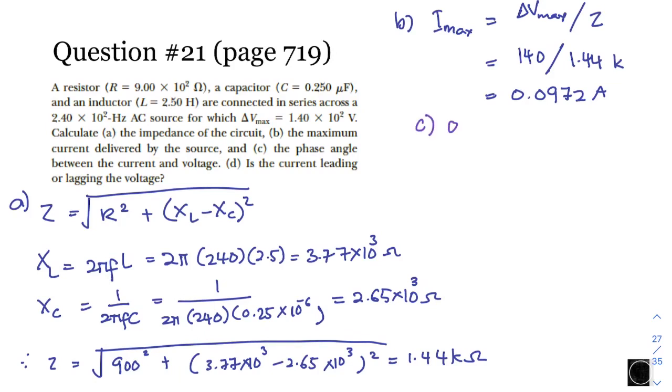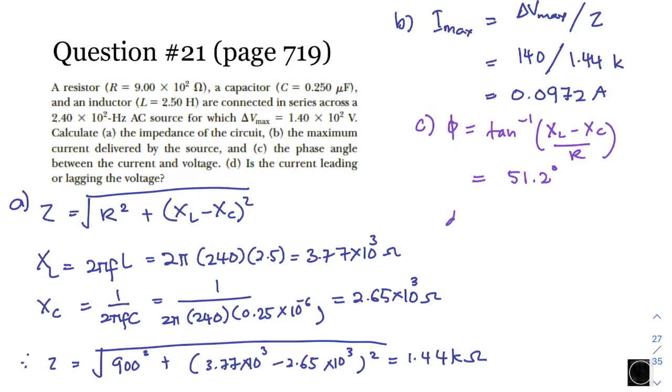Then part C, the phase angle between the current and the voltage. Phase angle phi is equivalent to arctangent of XL minus XC over R, which gives you 51.2 degree. And then part D is the current leading or lagging the voltage.